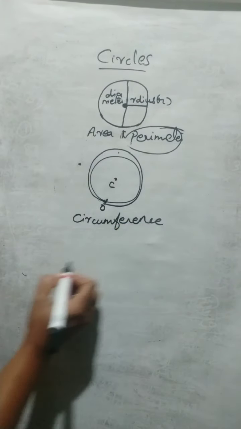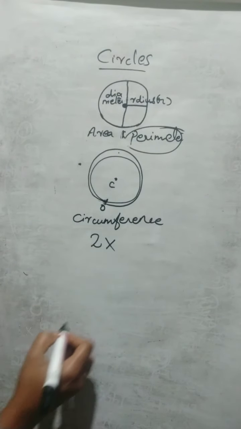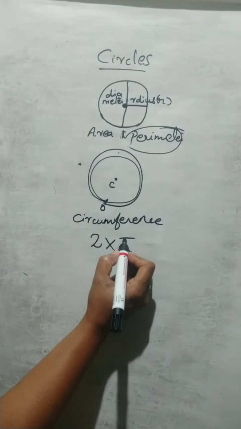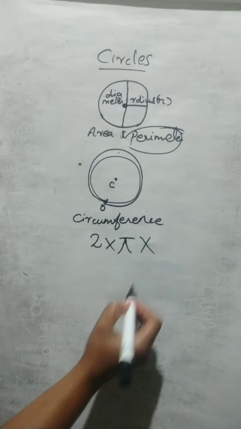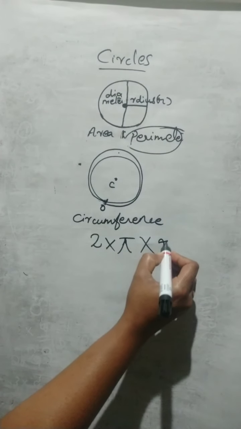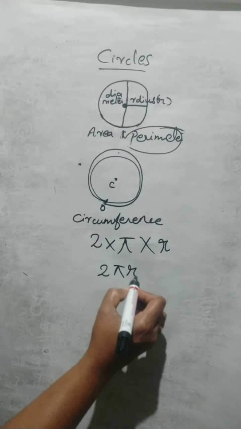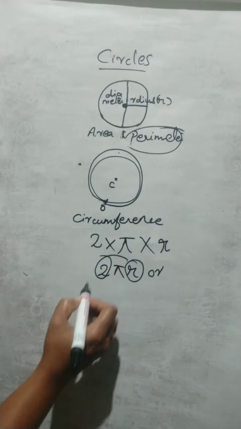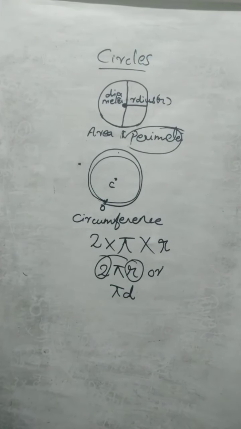The equation for the circumference of the circle is 2 times pi times r, the radius. That is 2 pi r, or pi into d, the diameter.